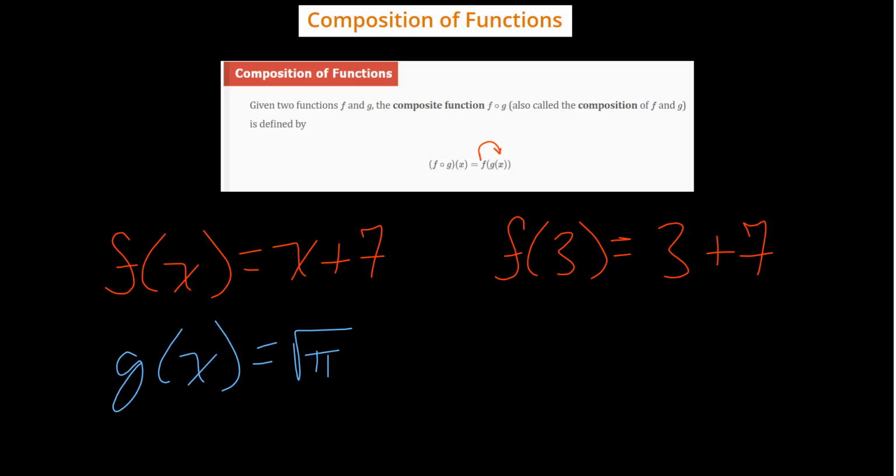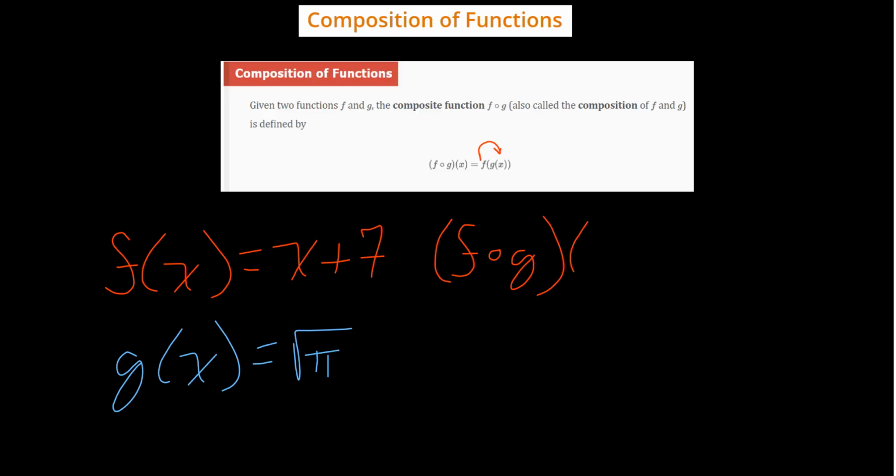But if we're taking a composite function, let's actually do the notation here, f of g of x. Well, the definition above tells me that that is the same thing as saying f of g of x.